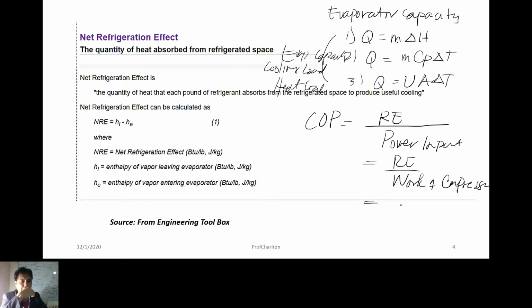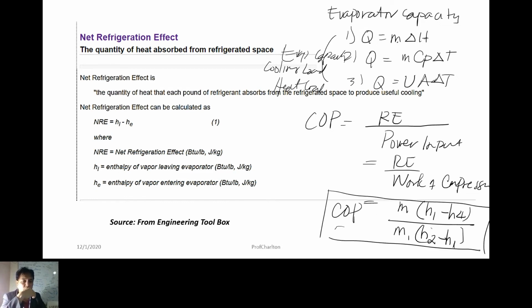Refrigerating effect is m, yung papasok dun sa evaporator, times the enthalpy change in that evaporator, h1 minus h4, over the net work of compression. Papasok doon ay mass din, na mass 1. Then, compression is what? The energy in the compressor is the discharge, h2 minus h1. So, yan yung coefficient of performance.